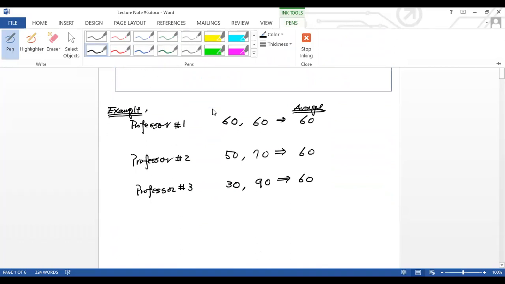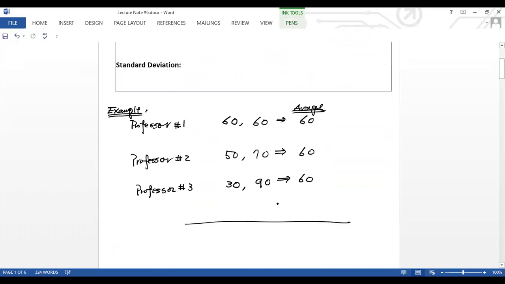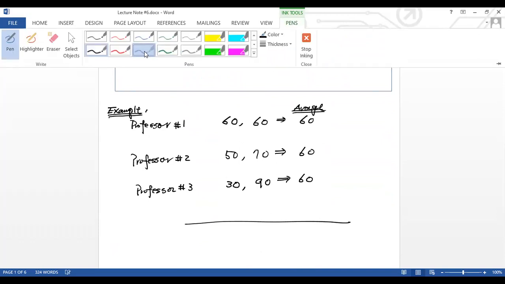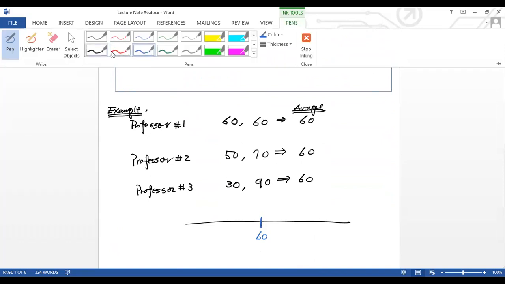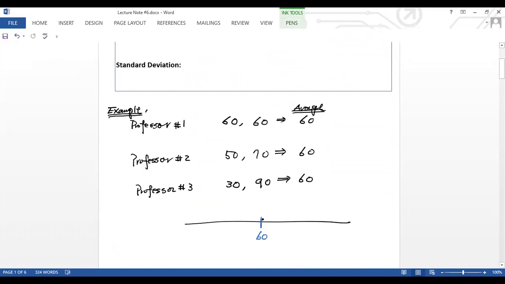All three of them give me an average of 60. But for the first professor's way of teaching, both of the students got 60 and 60. Do I have any variation? No variation, correct? I don't have any variation because they have the same grade.